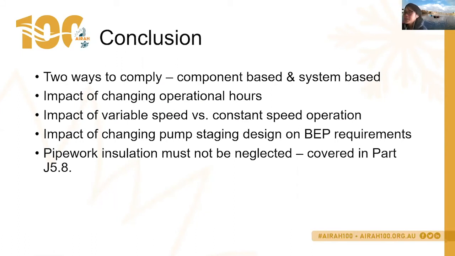So in conclusion, we've gone through two ways to comply in the 2019 code. One is component-based and one is system-based approach. We've looked at the impact of changing operational hours, where if you were running a system with longer hours, then you are allowed lower, so more stringent, straight pipework pressure drops.